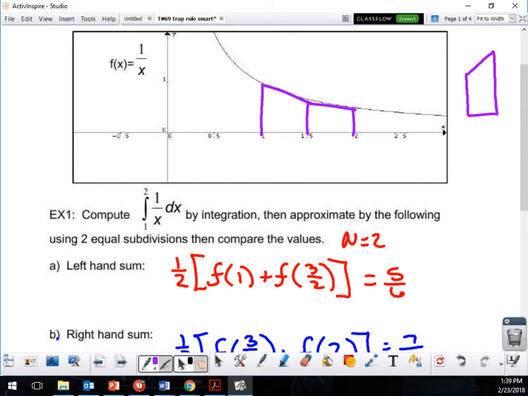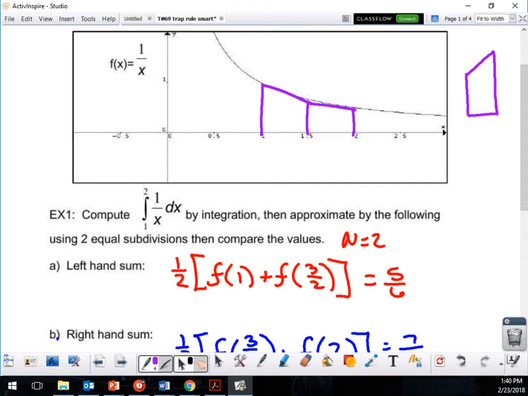Yeah, this is going to be a lot closer to the exact answer than my midpoint or my left hand or right hand. So this is actually trying to match the slope of the graph, getting closer to what the exact would be. So if I want to precision my approximation, I would use trapezoid to find the closer to the real answer. Does that make sense? Yeah. Okay.